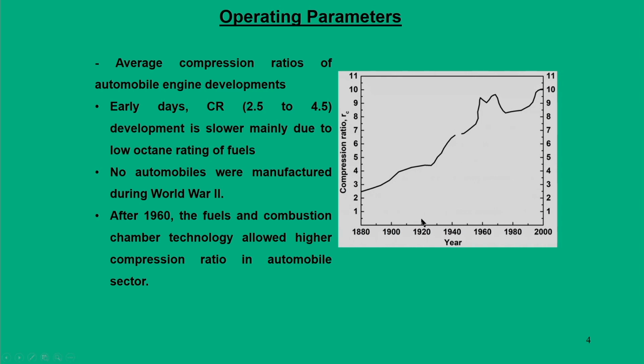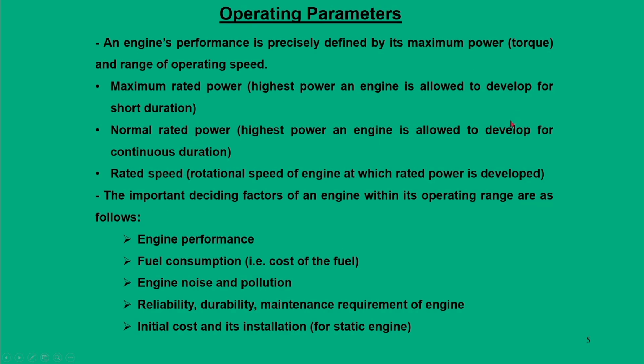Now, apart from the compression ratio, what is more important is that we need to characterize the engine performance. Second, we have to define certain user parameters in terms of range of power or torque and range of operating speeds.